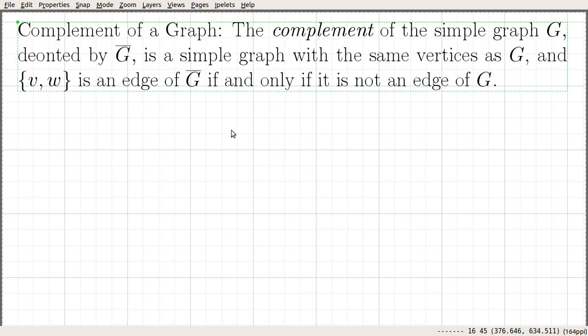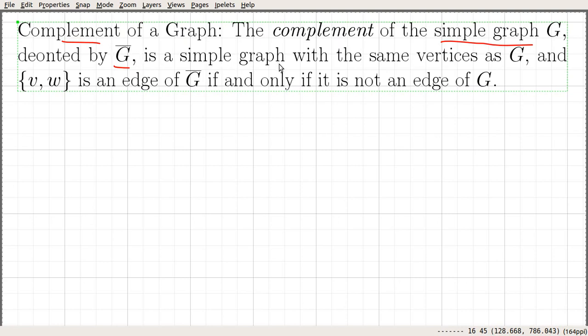One more definition, and with this definition we will wind up our discussion on definitions. More definitions will get introduced when we come across those concepts. Another definition is the complement of a graph. The complement of a simple graph, it is defined only for simple graphs, is denoted by G bar.